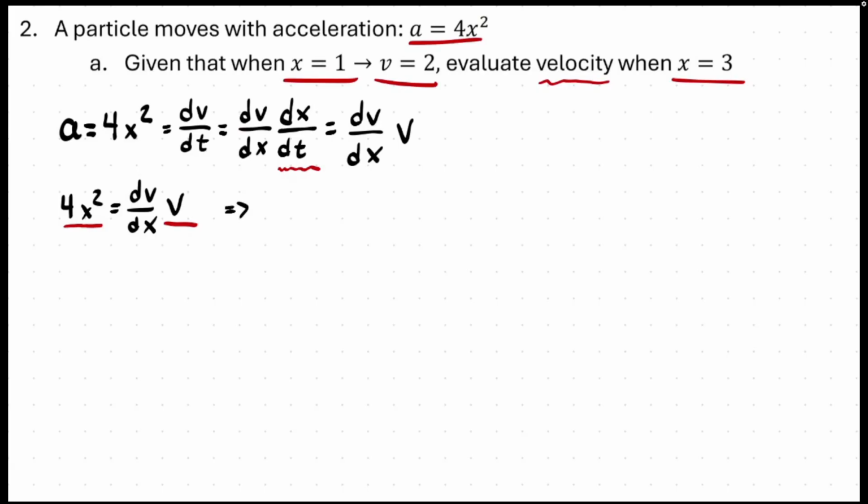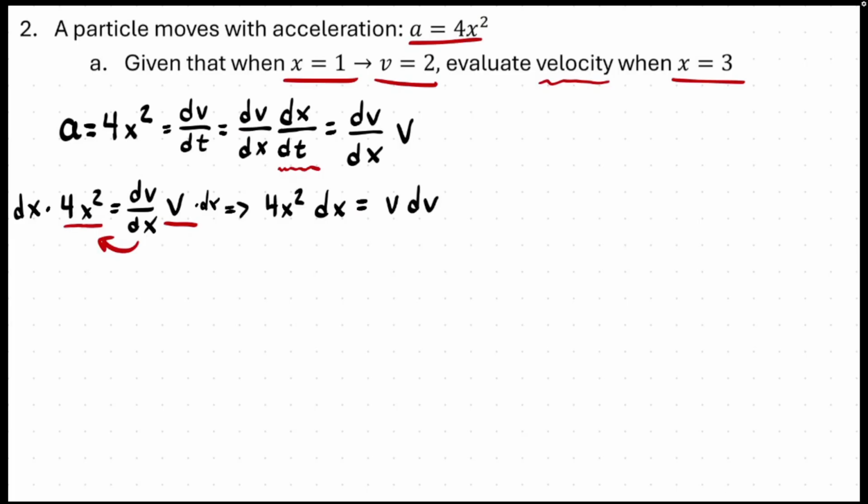I'm going to move this dx to this side, multiplying both sides by dx. We get 4x squared dx equals v dv, right?